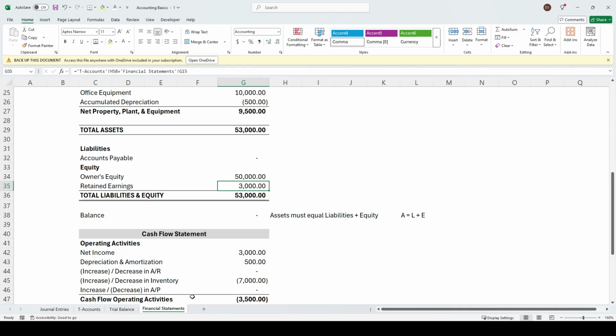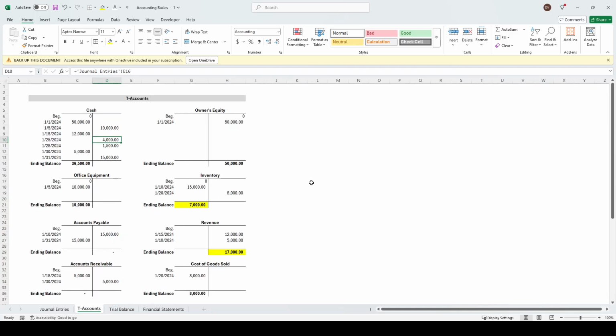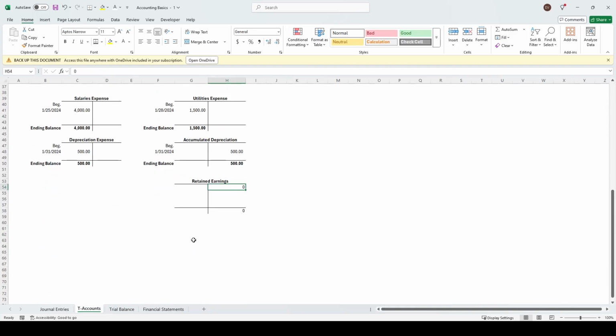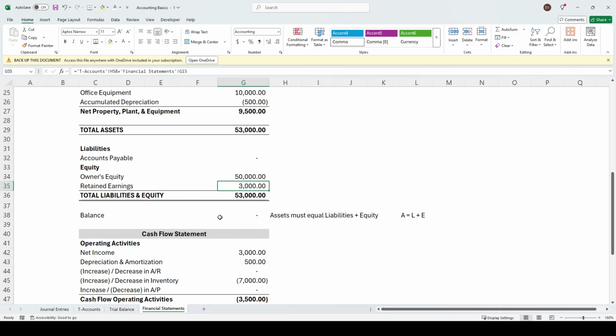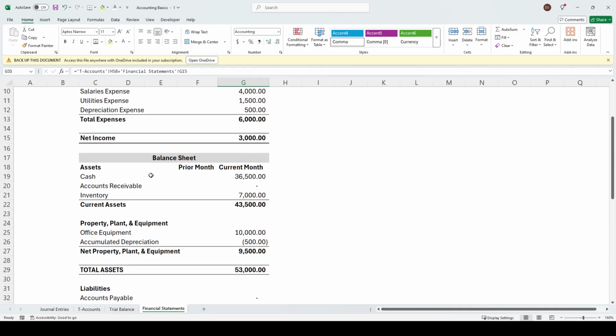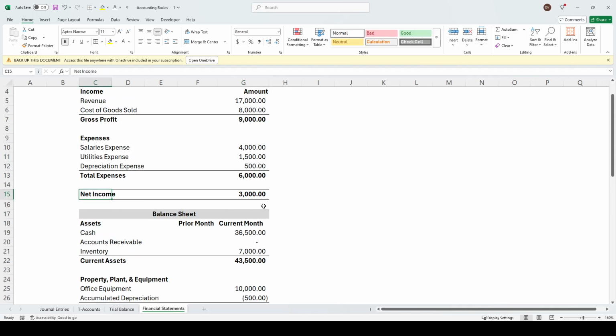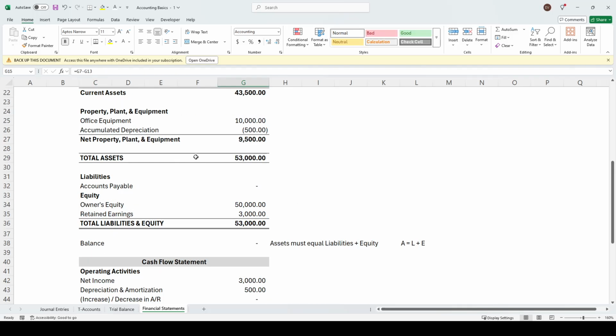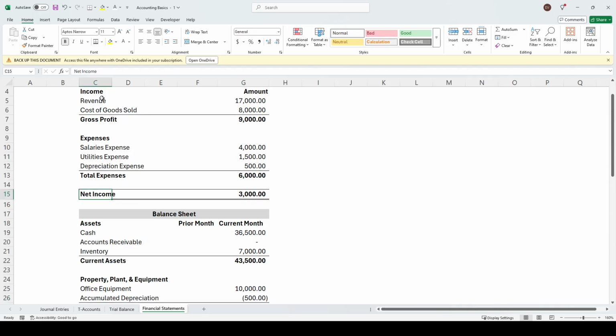If we go back to our T accounts real quick, we started the month with $0 in retained earnings. And so for this month, we wanted to sum up our total net income, so $3,000. And so that leaves us with $3,000 of retained earnings, as net income is another word for earnings.